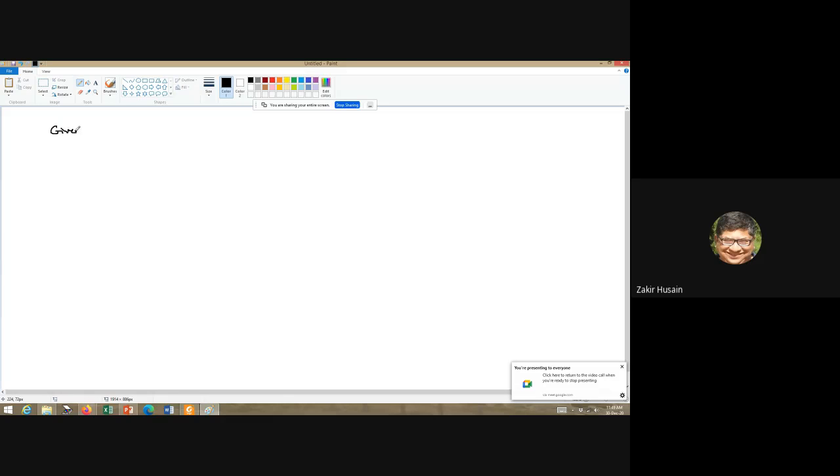Now we are given this function is increasing in both x1 and x2.